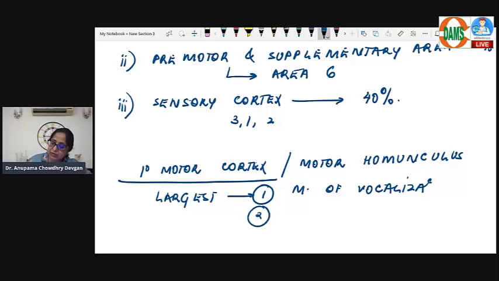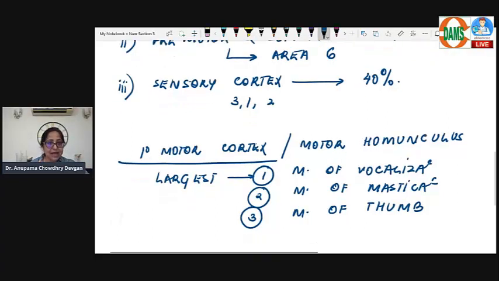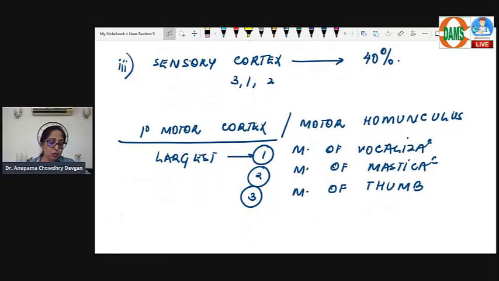Second largest cortical representation will be for the muscles of mastication. And number three, it will be for the muscles of the thumb. Thumb also has a very large cortical representation in the motor cortex because we are the only animals with an opposing thumb, and that is the reason why muscles of thumb also have a large cortical representation.